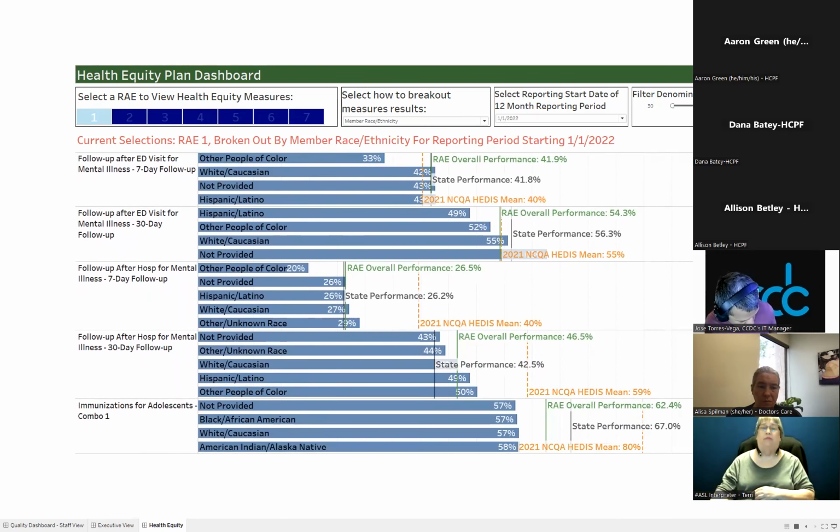Then we have 4 of these follow-up measures. First, we have ones for follow-up after an ED visit for mental illness, and then we have follow-up after a hospital visit for mental illness. For each of those, we have both a 7-day and a 30-day follow-up measure.